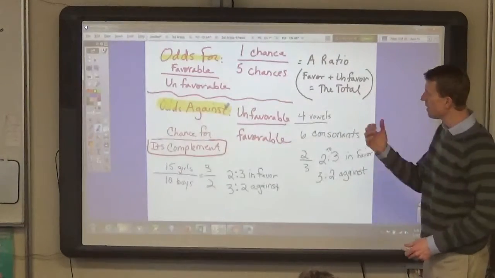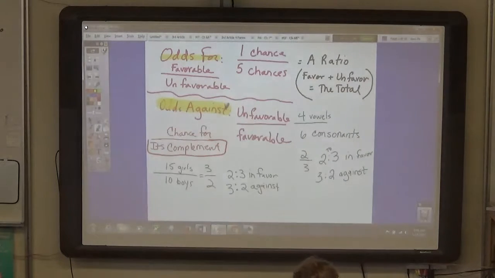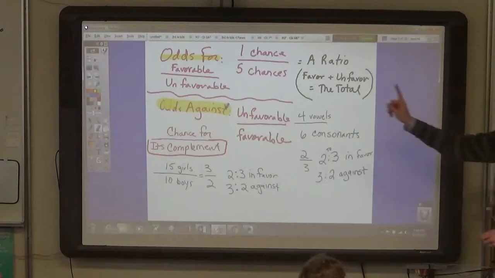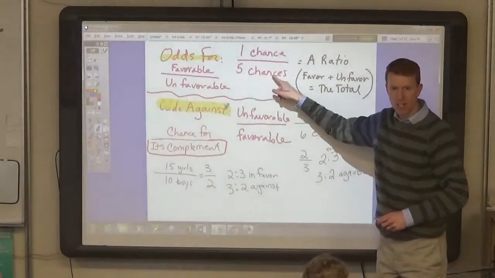So again, if you're rolling a dice, I've got one right here, to write the odds for rolling a 5 is 1 chance over 5 chances.